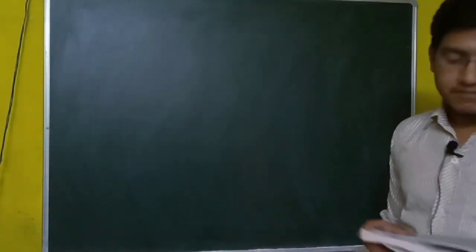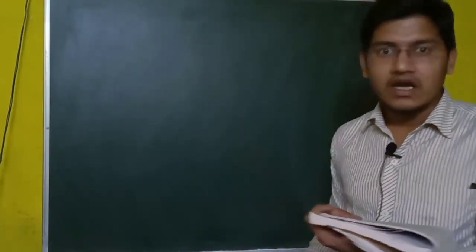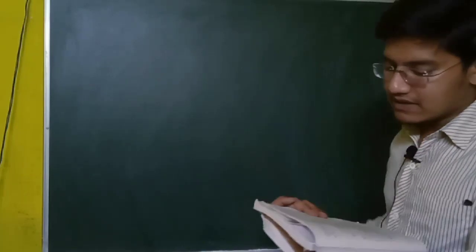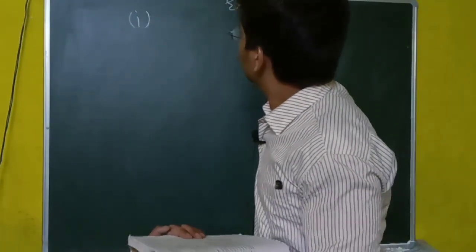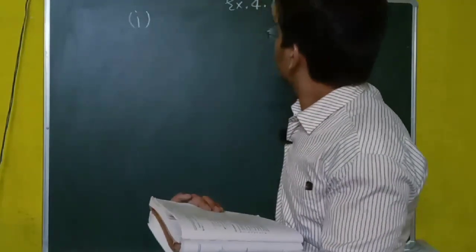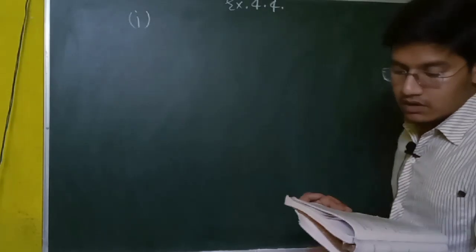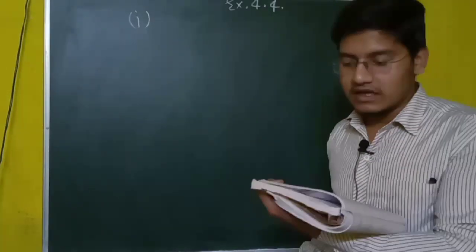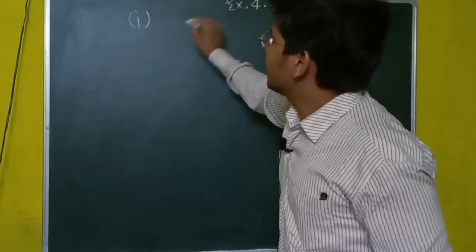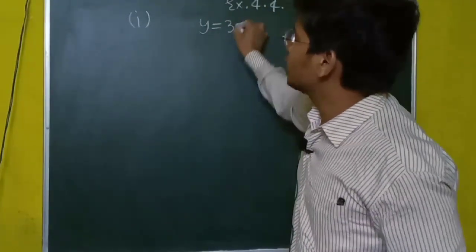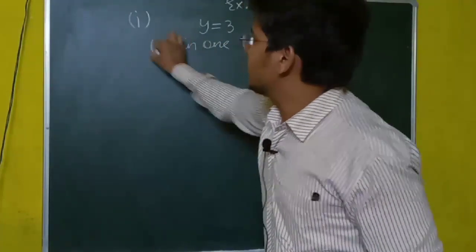In this exercise, first question they are asking, give the geometric representation of y equals 3 as an equation in one variable. So first question is, they are asking y equals 3, we have to represent in one variable.